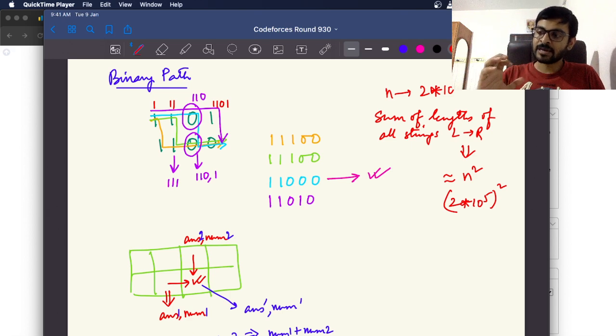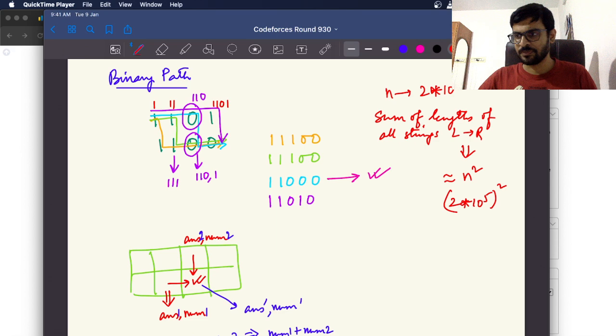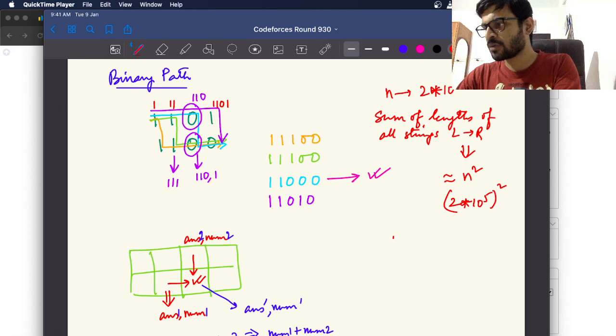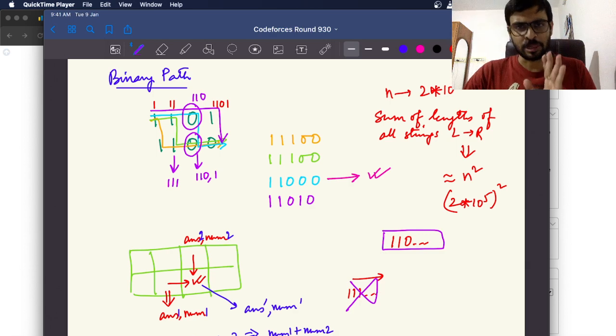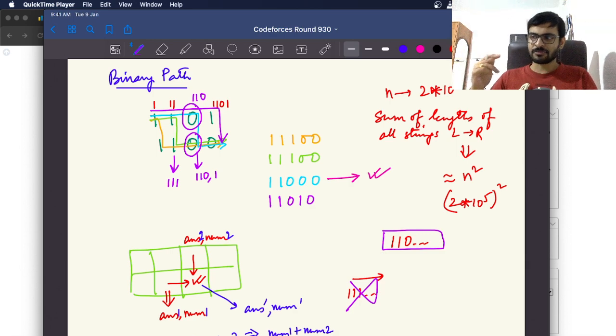And if there is a big gap between the left and the top, we have to figure out a way to remember only one of them. So if I know that from the top 110 something is coming, and from the left 111 something is coming, I should be able to say okay, please forget this entirely, just remember this one, and please don't check the left at all. That kind of thing I have to think of. But the more I thought, it became complex.